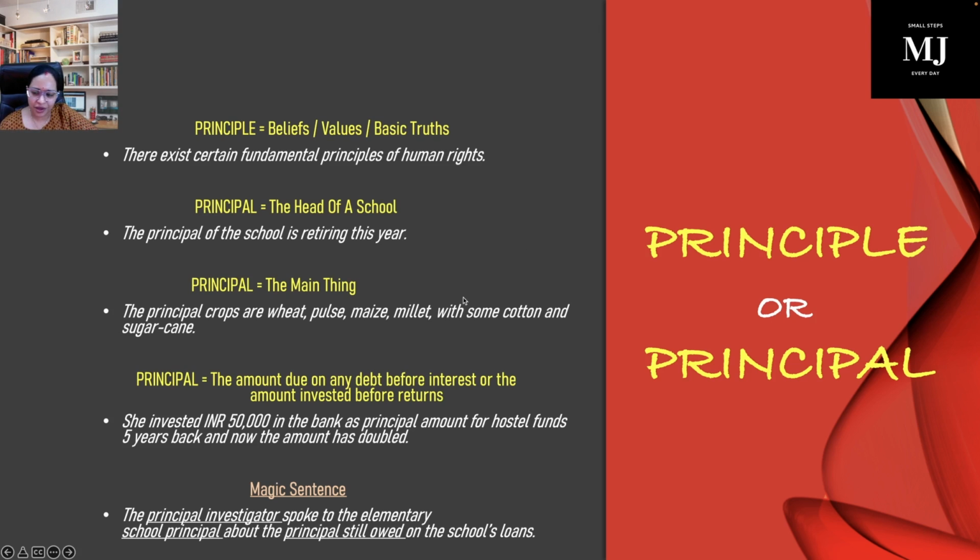Number one, guys, we have principle or principal. So one is with LE, the other one is with AL. Okay, now let's check this out. What I have done here is I will tell you the word, its meaning, and I'm going to help you out with using this word in a sentence, because whenever we use a word in any sentence, it makes the memory of that word concrete in our heads.